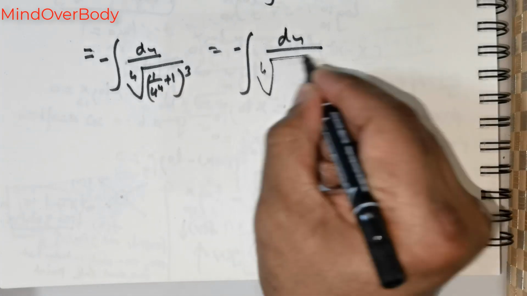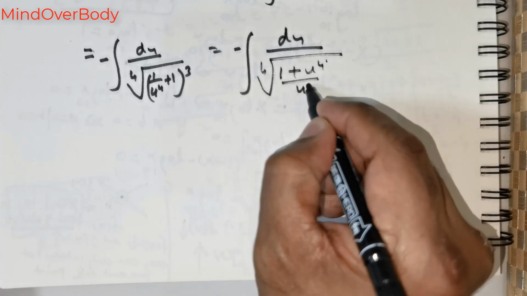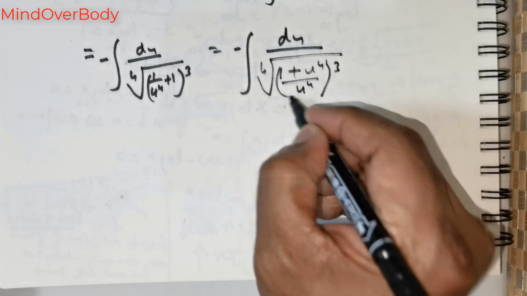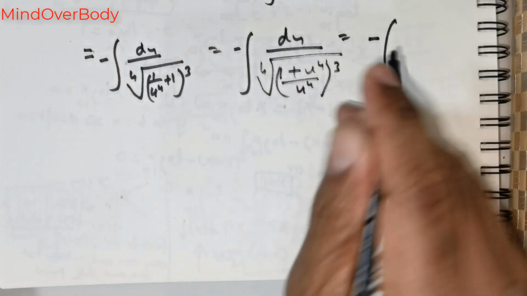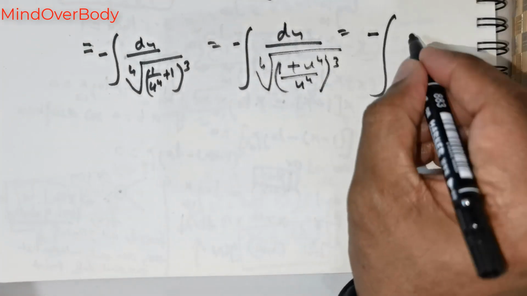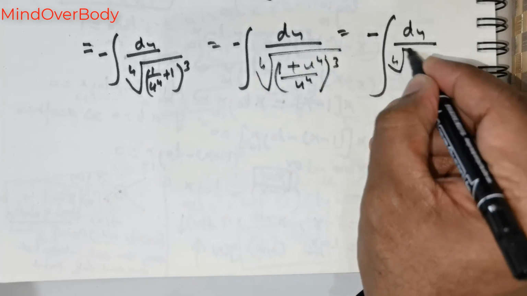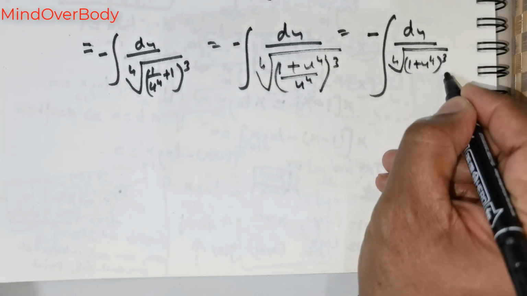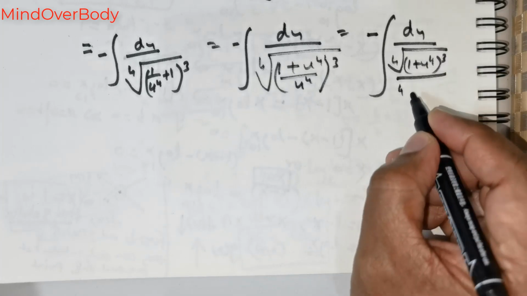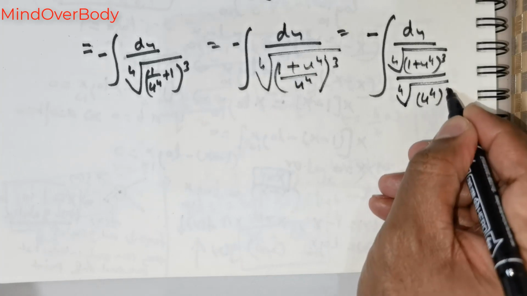So this is going to be the 4th root of (1 plus u to the power of 4) divided by u to the power of 4, the whole raised to the power of 3. Now I can rewrite this further as the integral, with the negative sign out, du over the 4th root of (1 plus u to the power of 4) raised to the power of 3, divided by the 4th root of (u to the power of 4) raised to the power of 3.